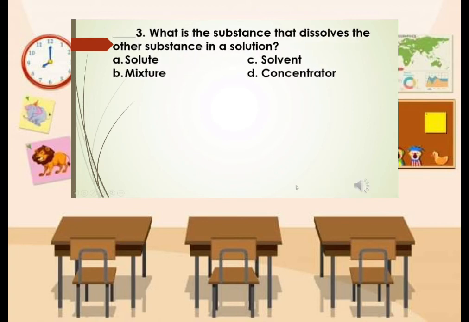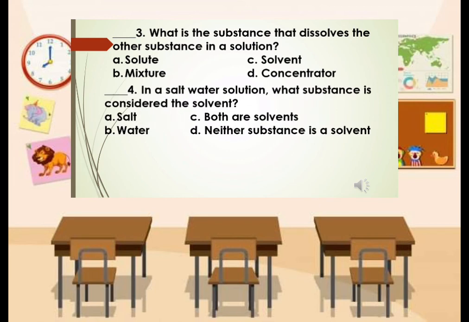Number 3. What is the substance that dissolves the other substance in a solution? A. Solute. B. Mixture. C. Solvent. D. Concentrator. Number 4. In a saltwater solution, what substance is considered the solvent?